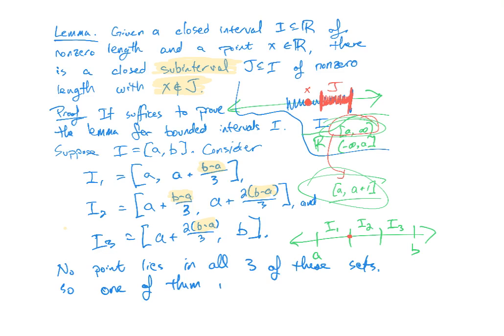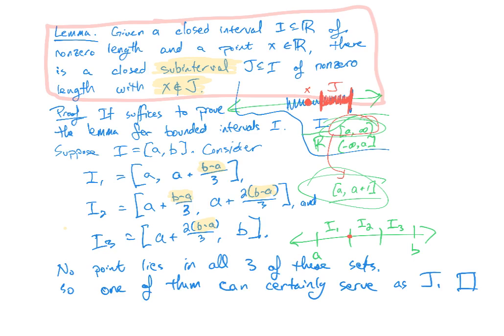Let me put it this way. One of them can certainly serve as J. I think it's not obvious when you look at this lemma, and there are other ways to prove it, but I don't think it's obvious that you're going to end up chopping the interval into thirds.